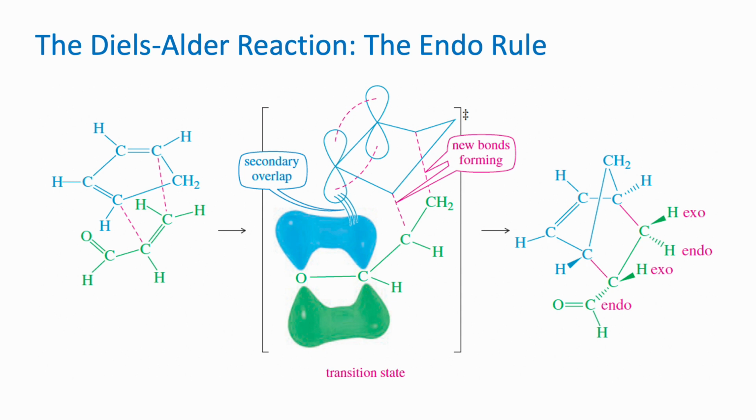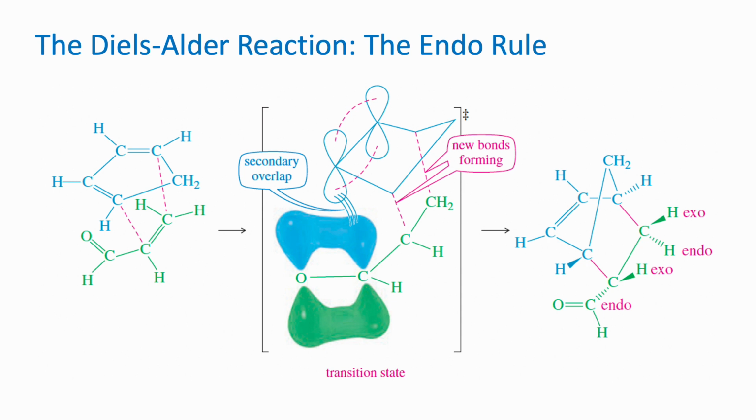But now if we look at this dienophile in green on this page, this dienophile has 2 double bonds, and therefore it has 4 p orbitals. One on the carbon on the end, the next on the carbon it's double bonded to, another on the carbon in the carbonyl, and another on the oxygen in the carbonyl.